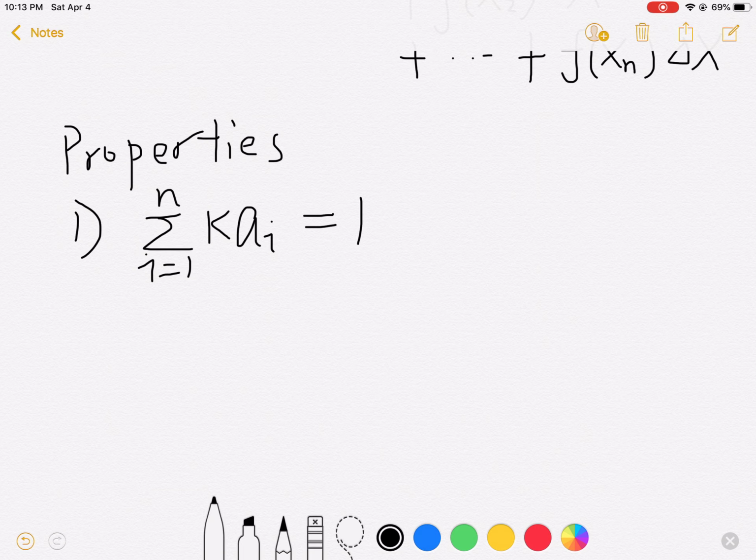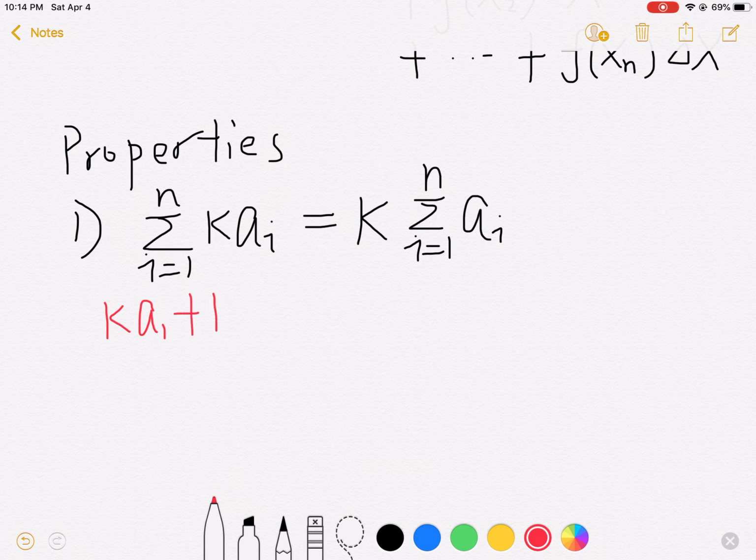So you can always take the k out, then multiply by the summation of a sub i. Now let's look at the left side. What does this mean? The left side is k times a sub 1, plus i equals 2, which is k times a sub 2, then plus, i equals n, k times a sub n. This is the left side.